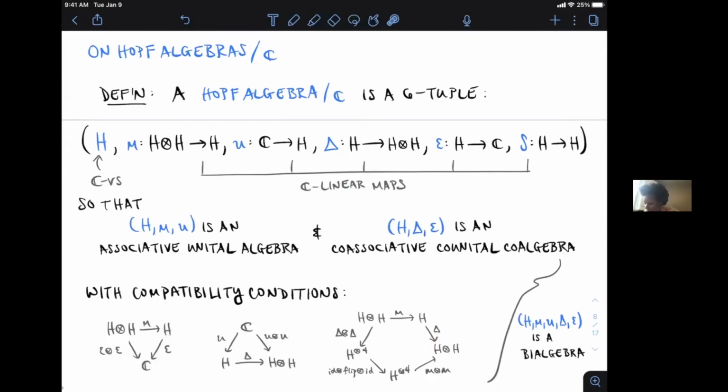What these diagrams mean is that basically any path from start to finish yields the same result. Okay, so far I've defined what's called a bialgebra. I didn't involve this map here.